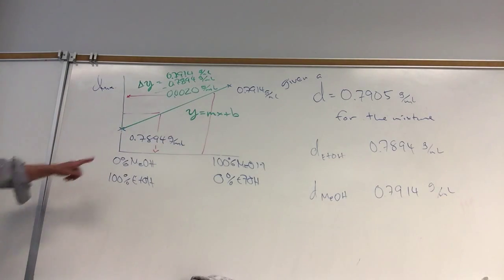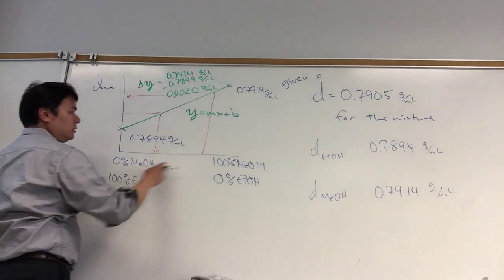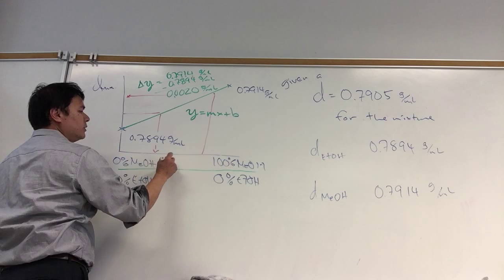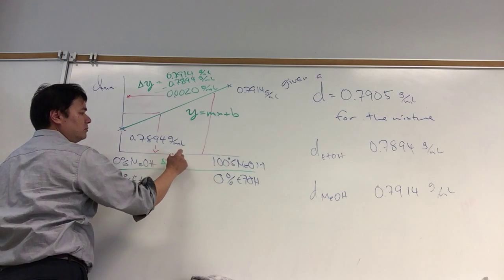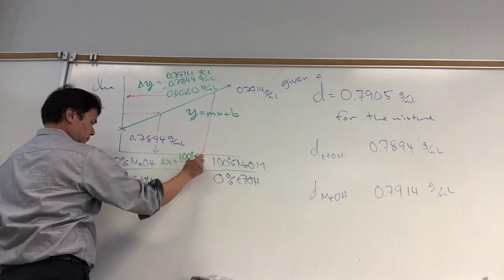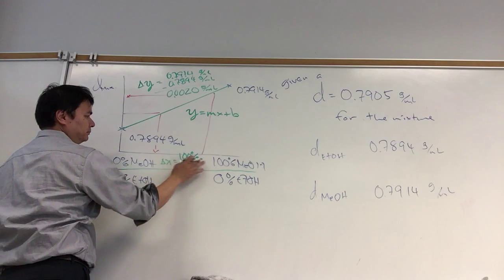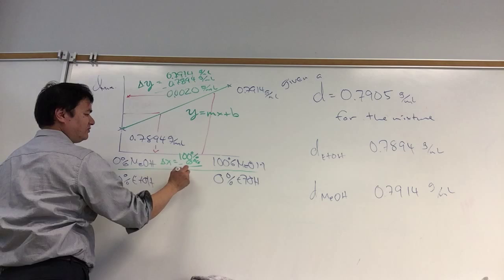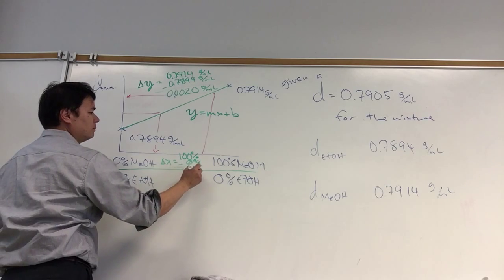And then I get my delta x over here. And the delta x, I'm using methanol. So my delta x is going to be equal to x final, 100%, minus x initial, 0%, which gives me 100%.